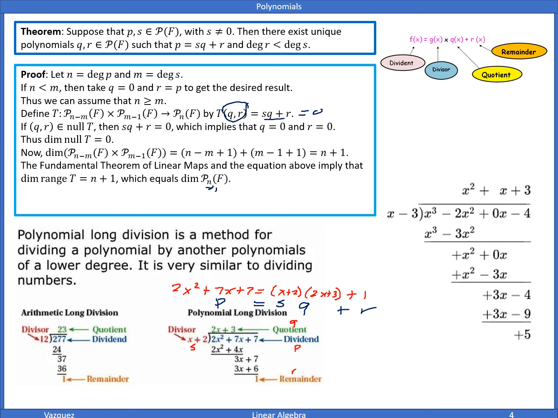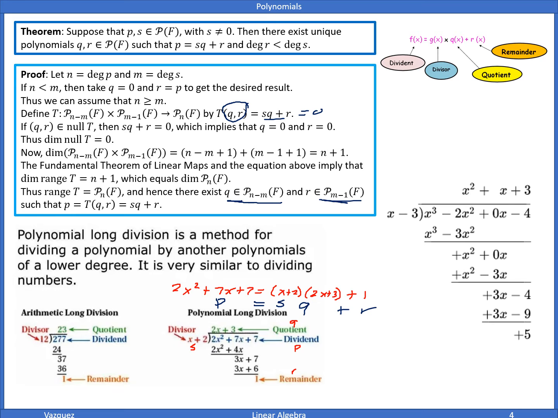We always add plus 1, as I just explained with the example. Therefore, the range is P sub n of F, and hence there exists Q in this space. We take a polynomial Q from that space and a polynomial R from this space, such that our linear transformation holds and our proof is done.